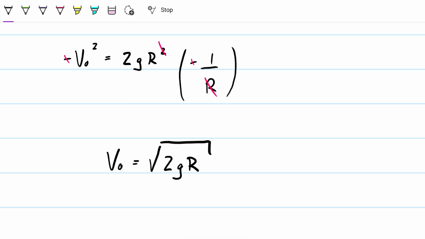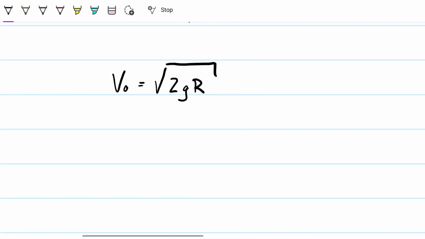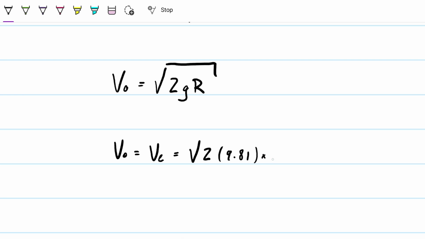We just transformed something that sounds super complicated into something that's super simple and, by the way, accurate. Okay, so now if I want to know what's the escape velocity that I need, v naught or v_e for escape velocity, that will be just the square root of 2 times 9.81 meters per second squared times the radius of Earth, which we converted to 6.737 times 10 to the 6th.